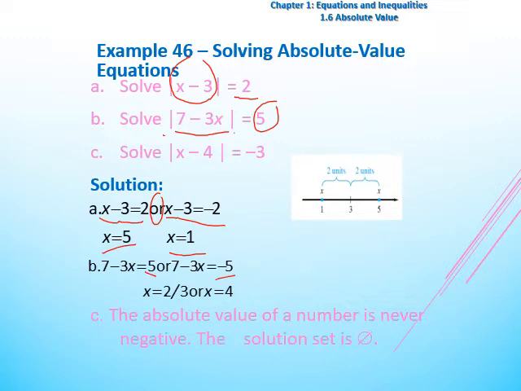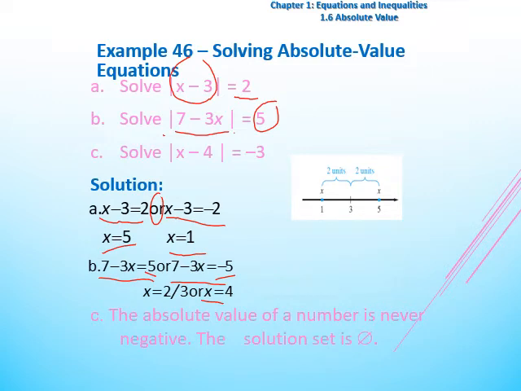So the equations will be two equations like this: 7 minus 3x equals 5 or 7 minus 3x equals negative 5. And solve as usual to get x equal to 2 over 3 or x equal to 4.